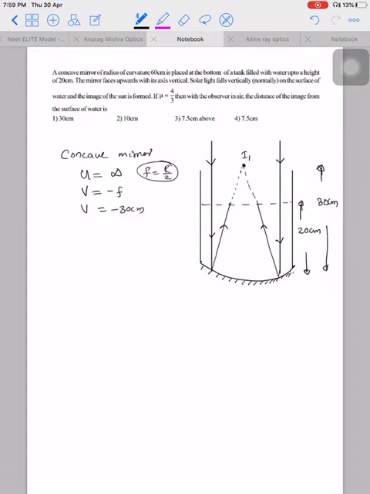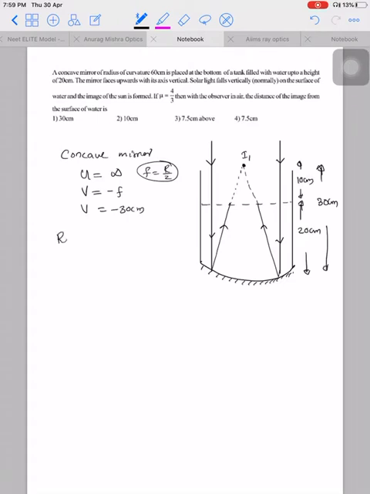Therefore, as we know, in a combination of reflection and refraction, the image formed by the first reflection can be taken as the virtual object of the refraction. So I1 is taken as the object of refraction. So from the plane surface where light undergoes refraction, object distance is 30 minus 20, 10 centimeter.